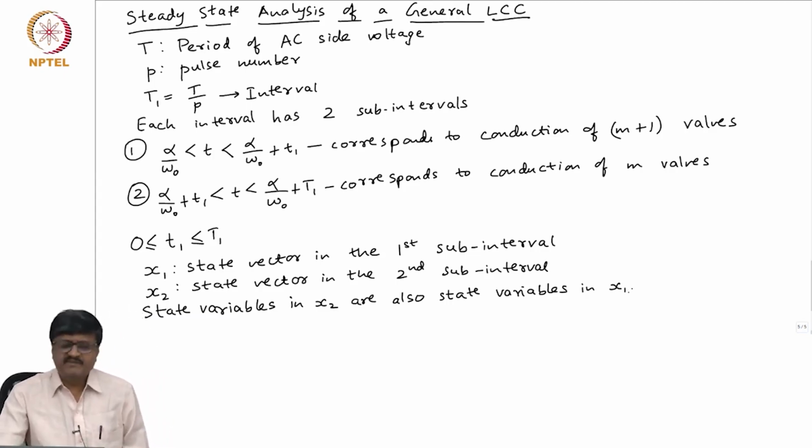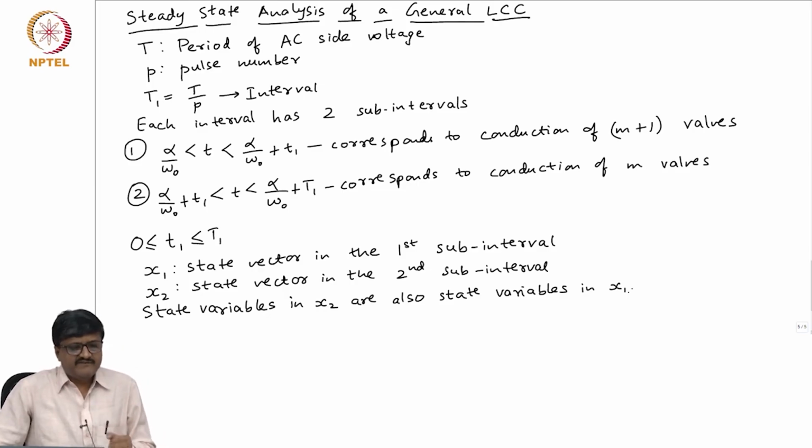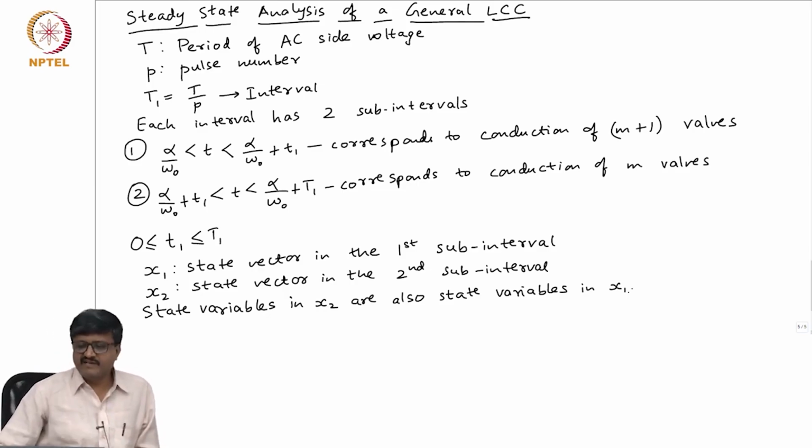One state variable, which can be considered to be one of the valve currents, that valve current which goes to 0 in the first subinterval, is the state variable which is there in x1, but it is not there in x2.